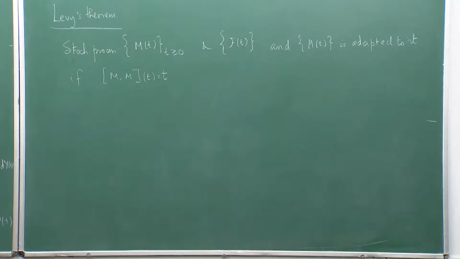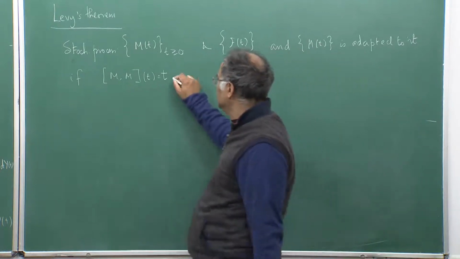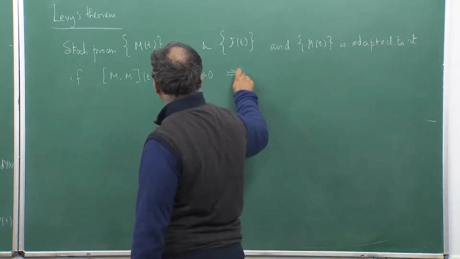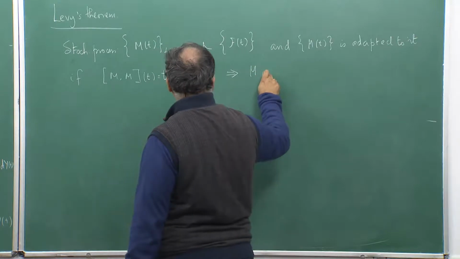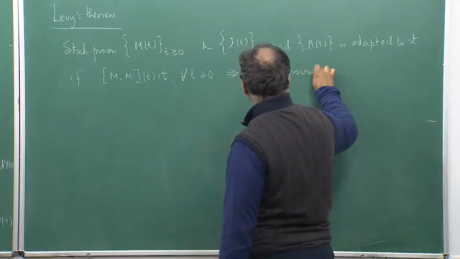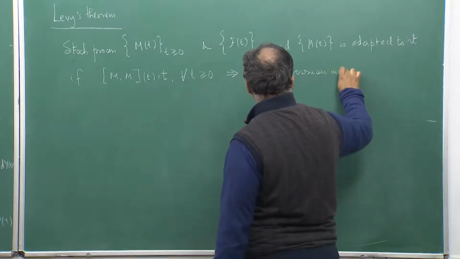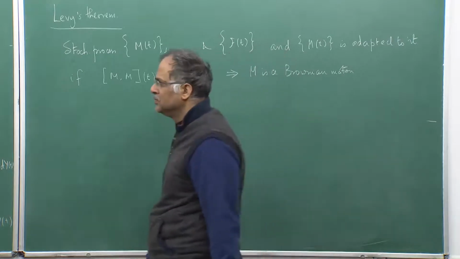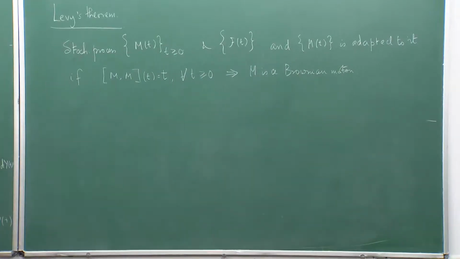If you have this, then it implies M is a Brownian motion. So, this theorem is due to Paul Levy.